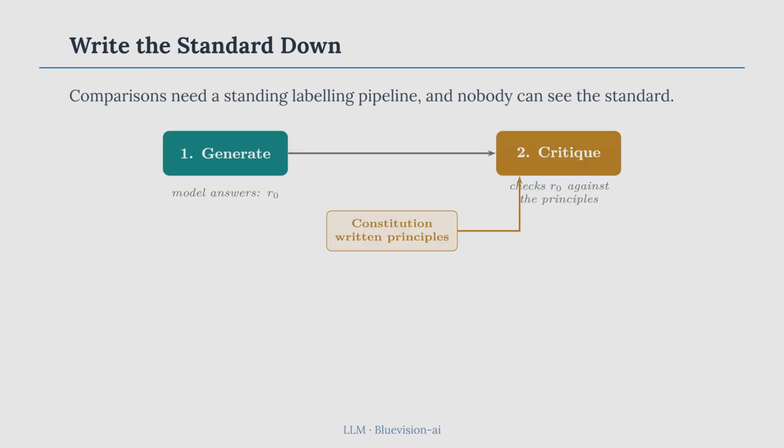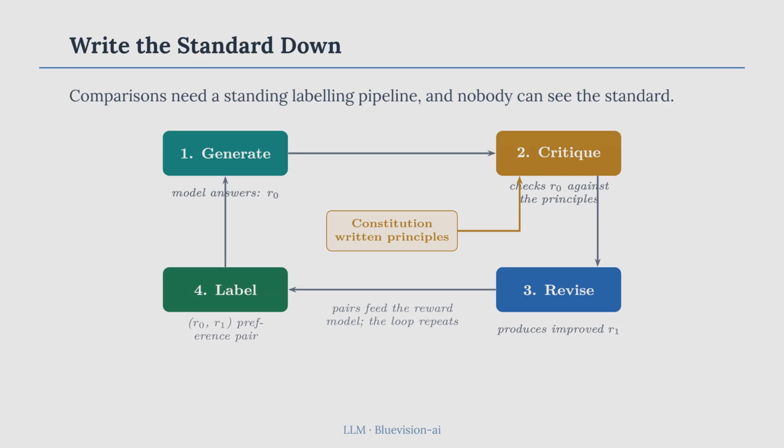So here's a different idea. Write the standard down. The model generates an answer, and then the model critiques its own answer against a written set of principles sitting right there in the middle. That document is the Constitution, and it's just text. Having criticized itself, it revises. Now you've got 2 answers to the same prompt, the original and the improved one.